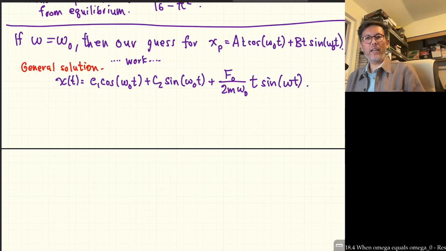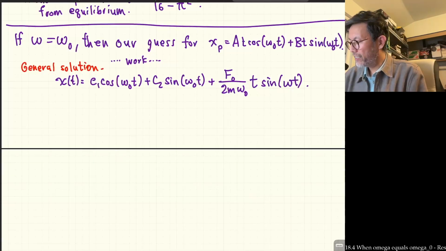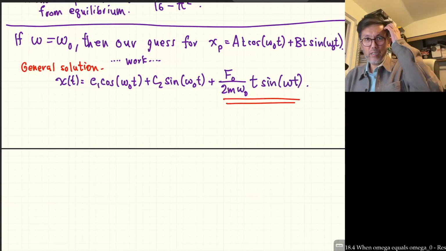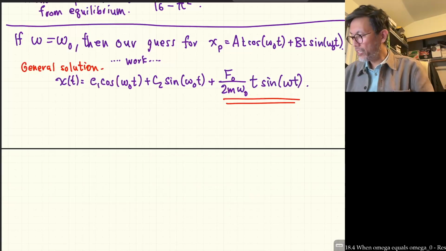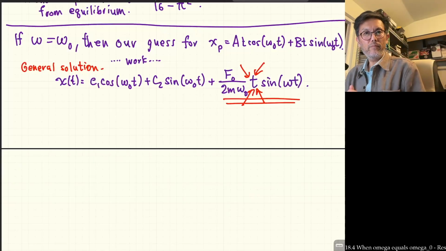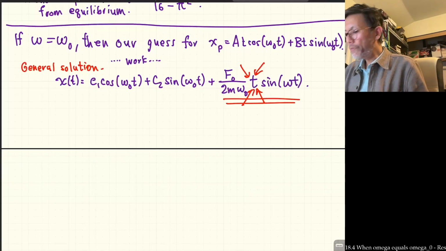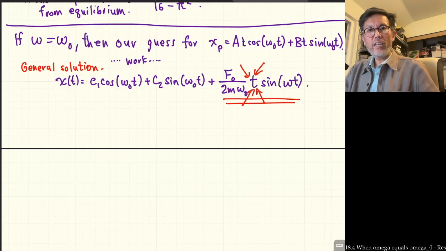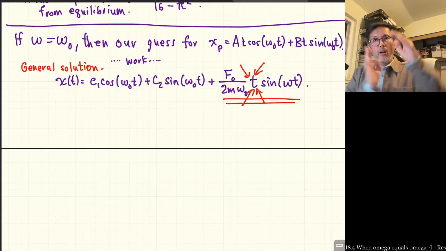And the thing that I want to emphasize is this last term here. Do you see this crucial t that's happening there? What this is saying is that what we've got in this last term is a sine wave.